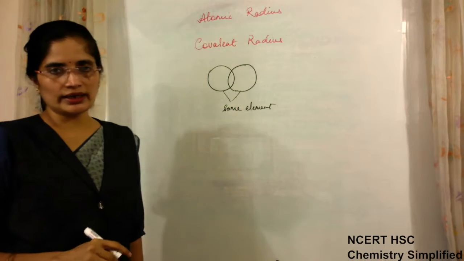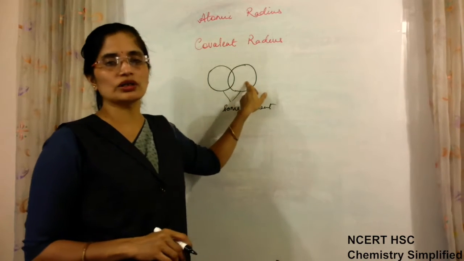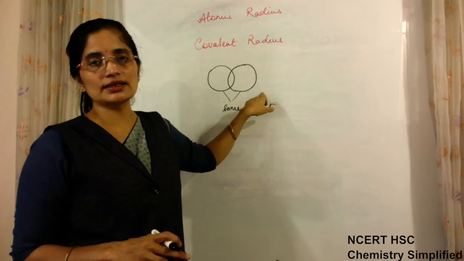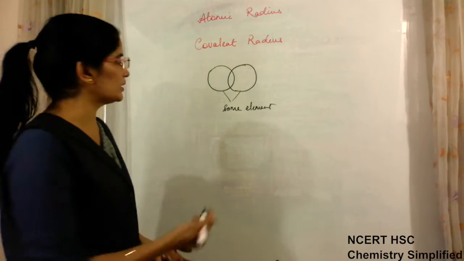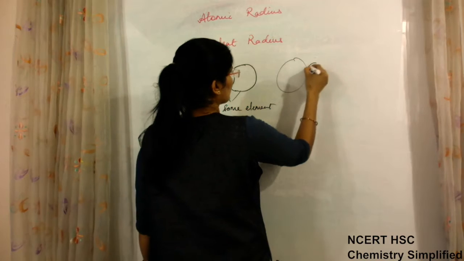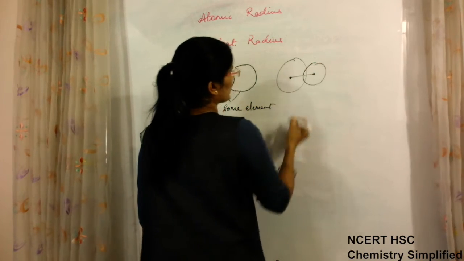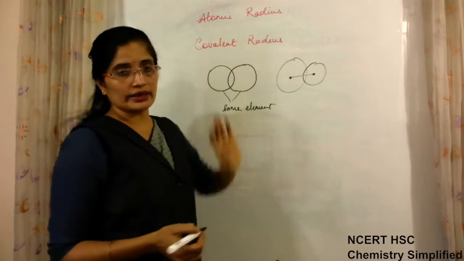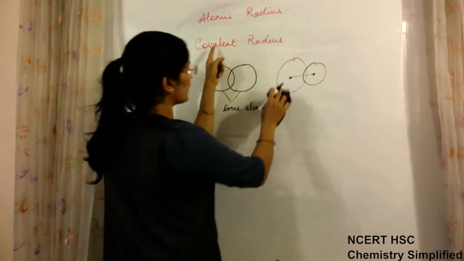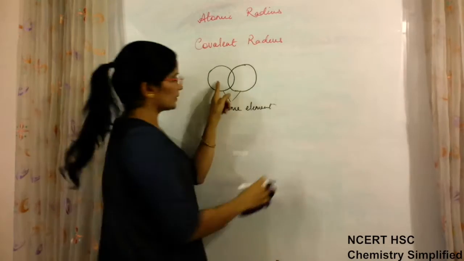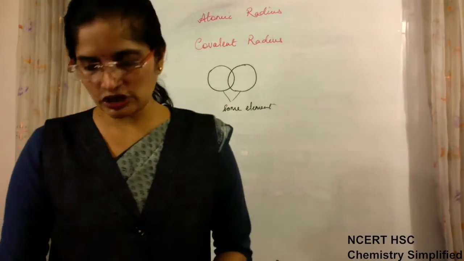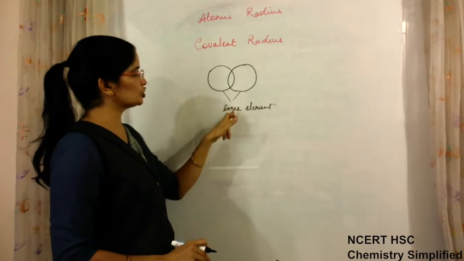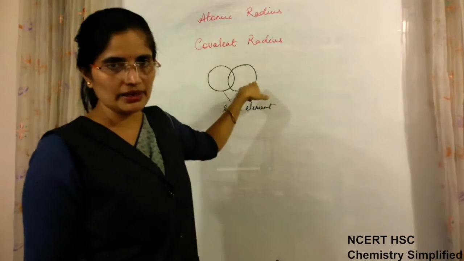You cannot take the average if the two atoms taken for covalent bond formation are dissimilar, because then one will have a bigger size and the other a smaller size, and you cannot take the average as the distance for atomic radius. So the first condition while measuring covalent radius is that the atoms combining to form the covalent bond should be of the same element.